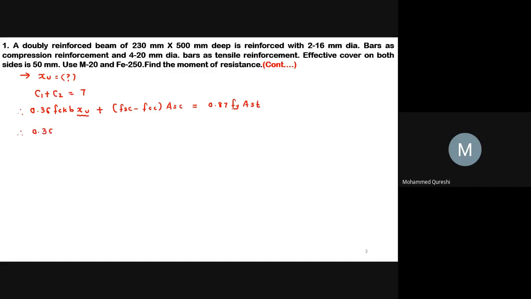Therefore, 0.36 into fck, which is 20, into the value of b, which is 230, into xu, that is unknown, plus (fsc minus fcc).